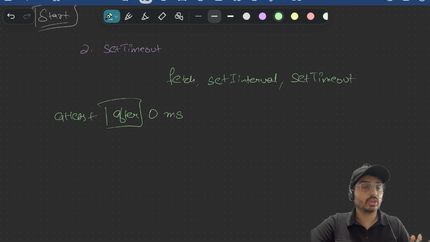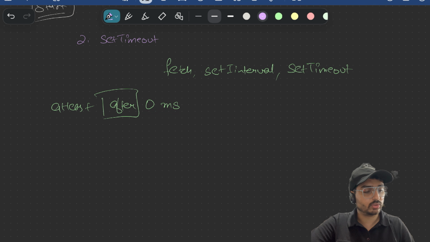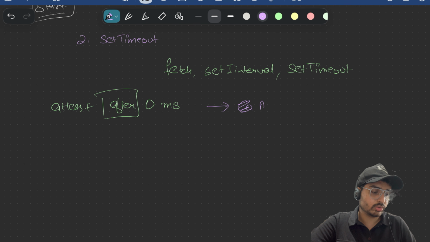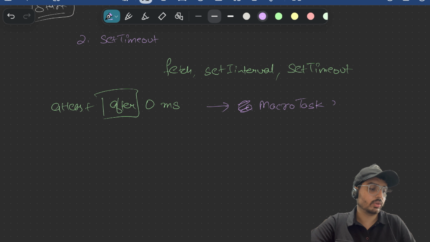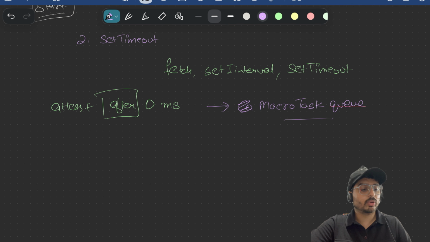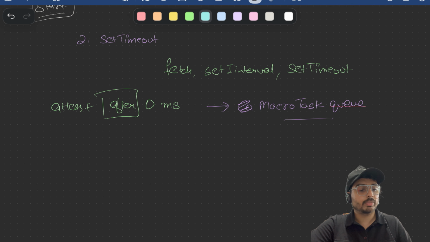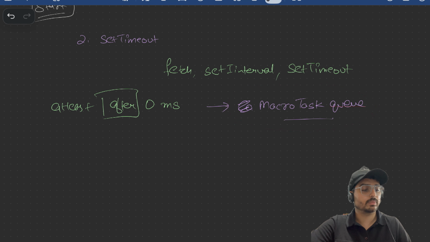Where it will execute is in the macro task queue. You can call it the callback queue or macro task queue, whatever you want. So this setTimeout is now pushed in the macro task queue.